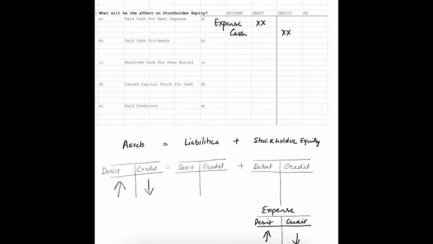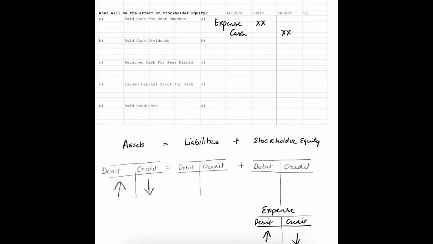So this will be our entry. Don't worry about the amounts. I'm just going to use the X for the amounts. Now they're also asking what will be the effect on stockholder equity, meaning which account will affect the stockholder equity in the first transaction, cash or rent expense.